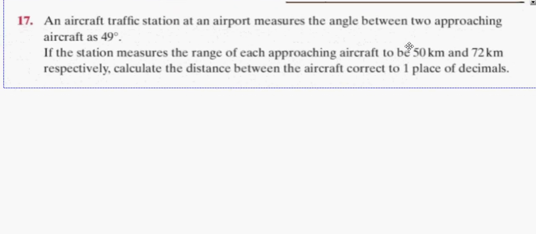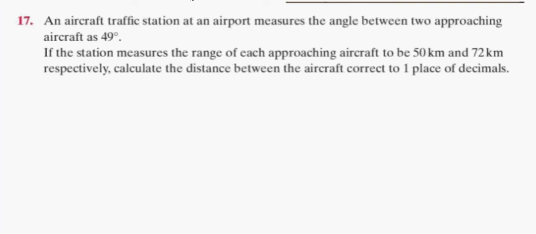Now, an aircraft traffic station at an airport measures the angle between two approaching aircraft as 49 degrees. If the station measures the range of each approaching aircraft to be 50 kilometers and 72 kilometers, respectively, calculate the distance between them correct to one decimal place. Okay? Plane A, plane B, aircraft station.